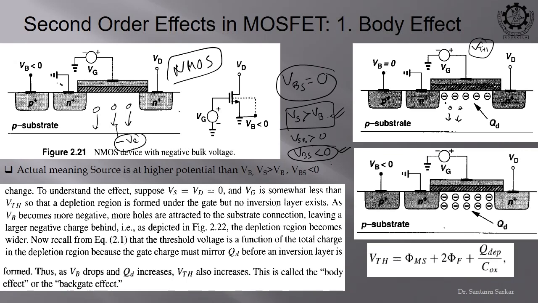Previously there were 5 immovable ions, now because I have given a negative potential at the bulk, another 5 immovable ions are depleted, because that negative potential will attract all the holes, right. As the holes are moving beneath the channel, another layer of depletion region is formed. Up to this okay?